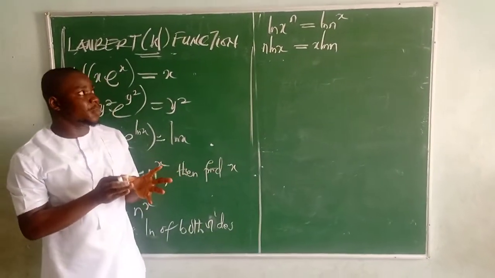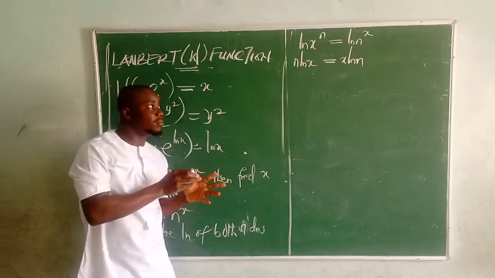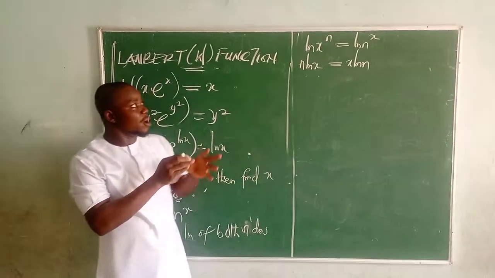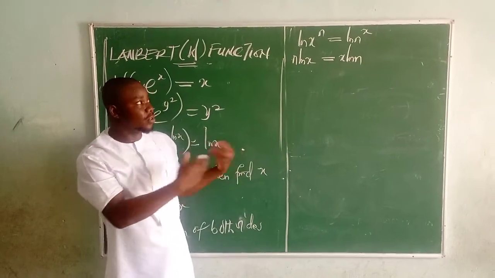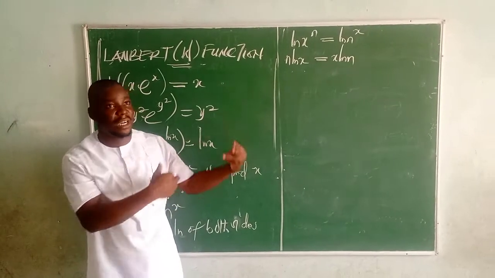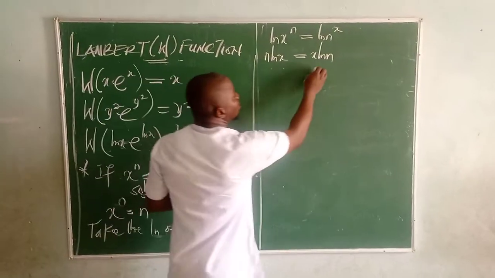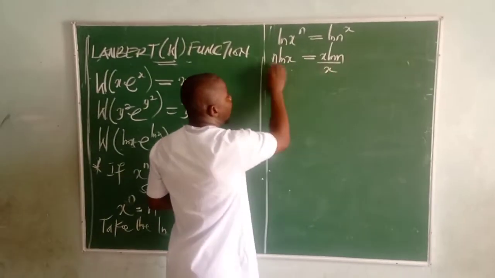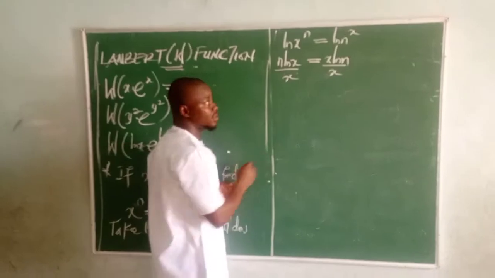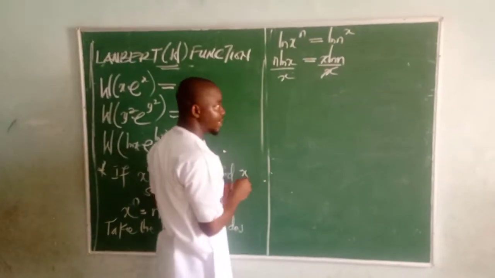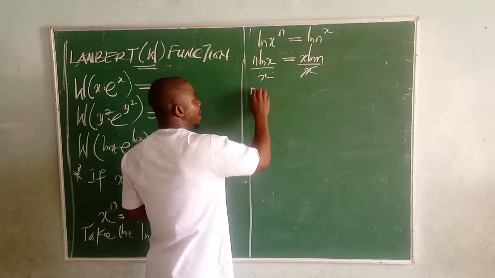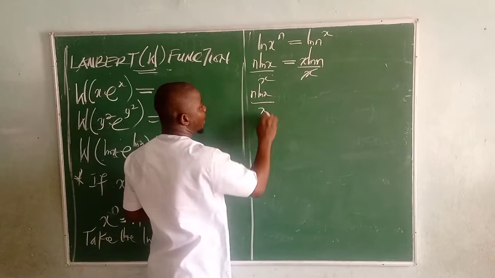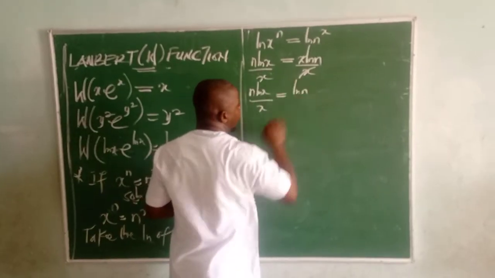Then the next step is to develop a means of bringing all the x terms to this side and every other term to the other side. For us to do that, you divide this side by x as well as that side by x, so that this x cancels this x, and you are left with n ln x all over x equal to ln n.